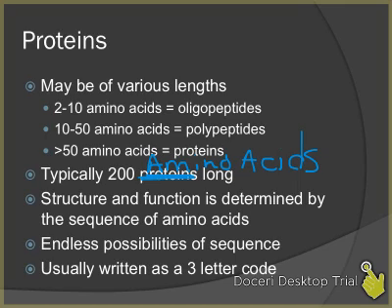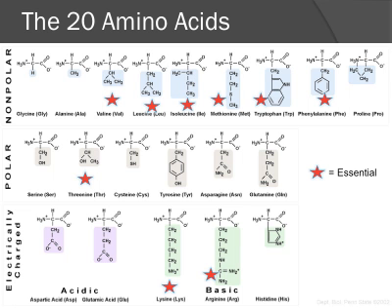The structure and the function is determined by the sequence of amino acids. If you think back to that picture I just showed you of all of the different amino acids, let me just put it back up here for you. If we look at this picture and all the 20 different amino acids, in order to make one protein, we are going to put 200 of these all together, working together in one chain.